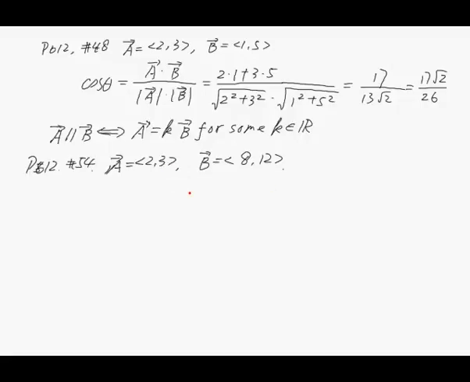So that means 4 times (2, 3) is equal to (8, 12), which is just the vector B. So you have vector B equal to 4 times vector A. This just implies vector B is parallel to vector A. And this is a very simple case to determine that two vectors are parallel to each other.